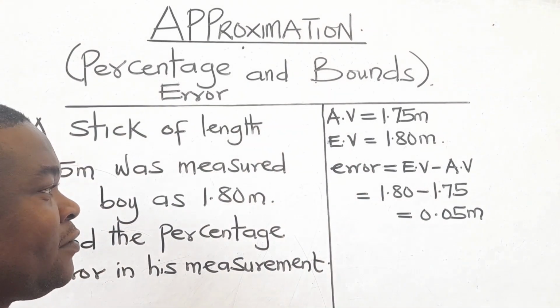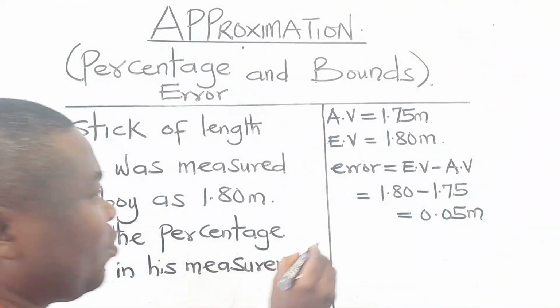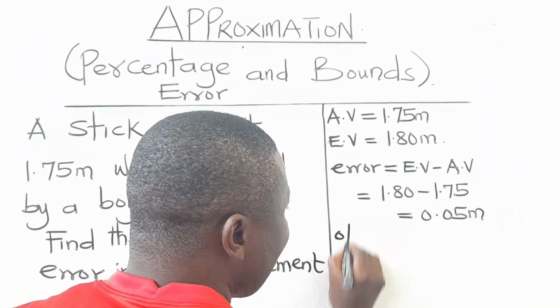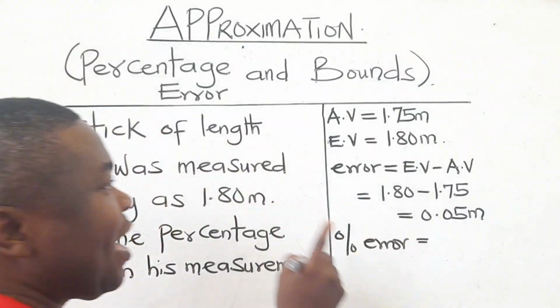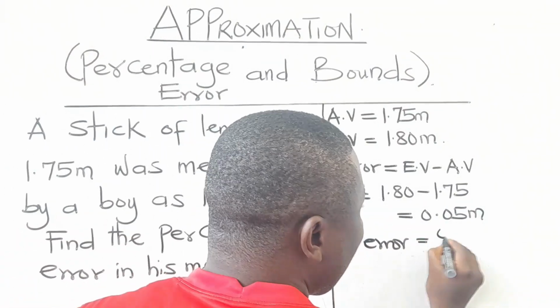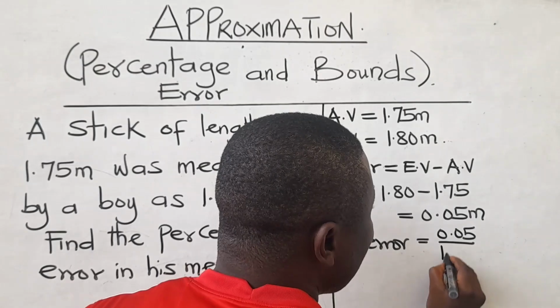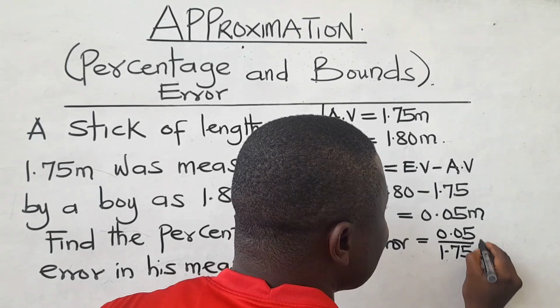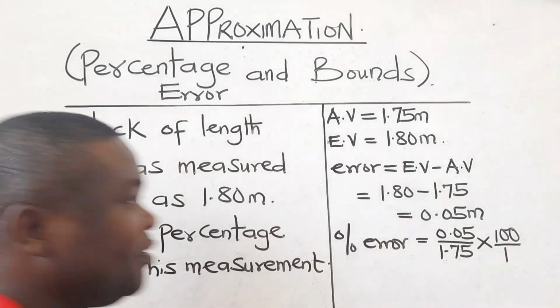So to get the percentage error, as we know, percentage error is equal to the error over the actual value, 1.75, times 100%, 100 over 1.